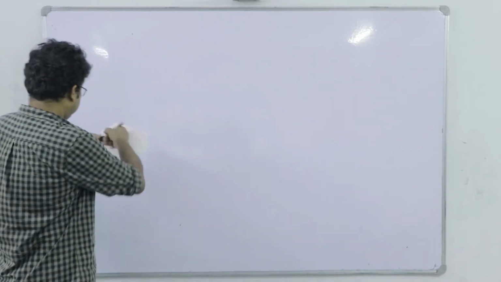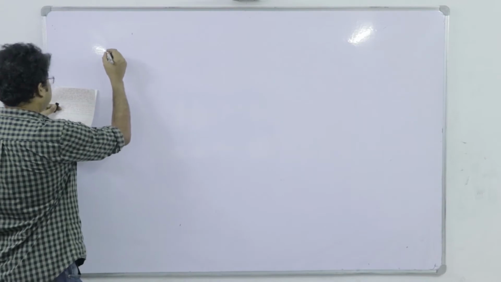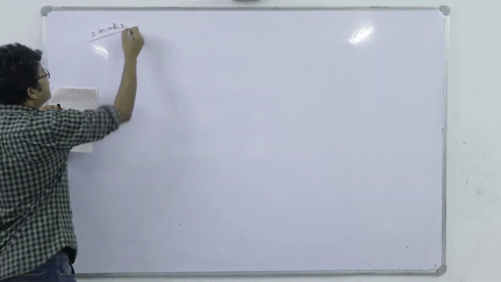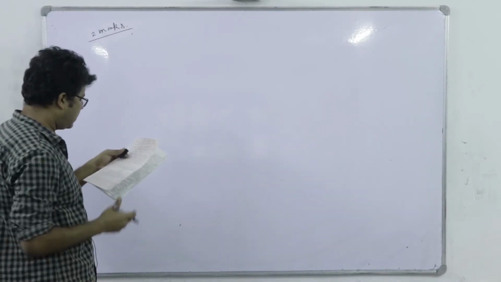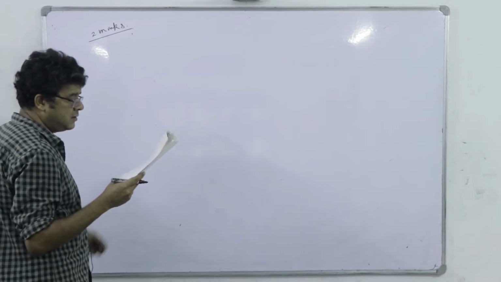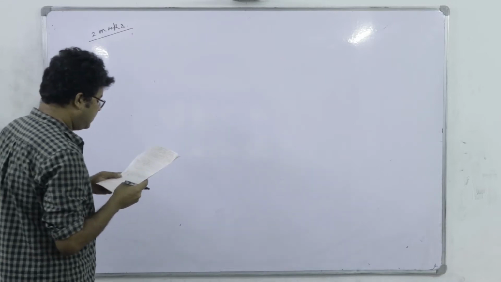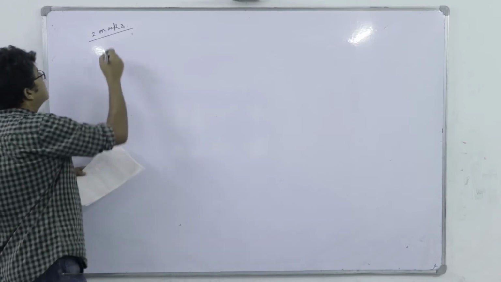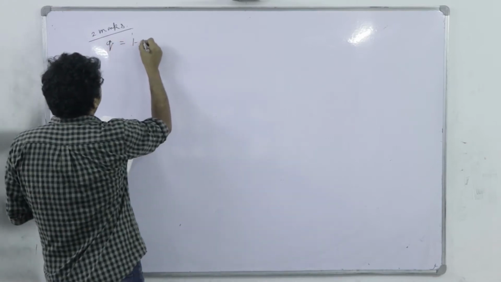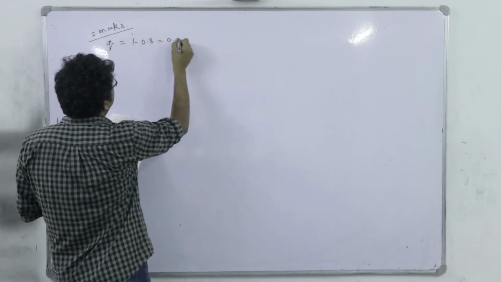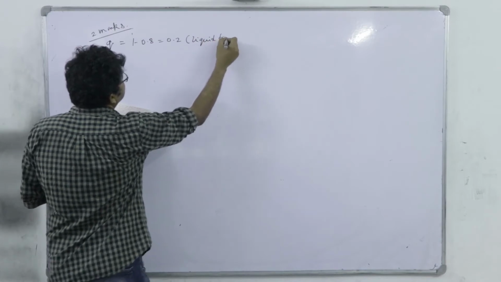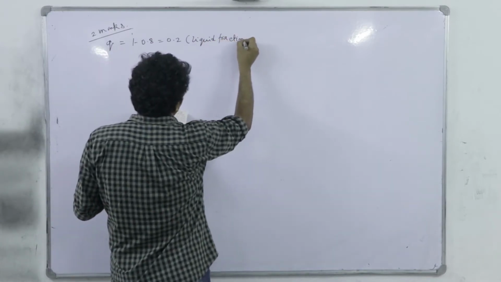So, first problem, this is a 2 marks problem, the GATE question. For a 2-phase feed where 80% of the feed is vaporized under column condition, q is definitely 1 minus 0.8, that is 0.2, the liquid fraction of the feed.